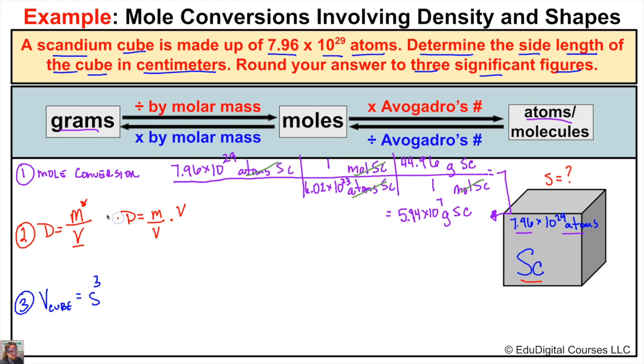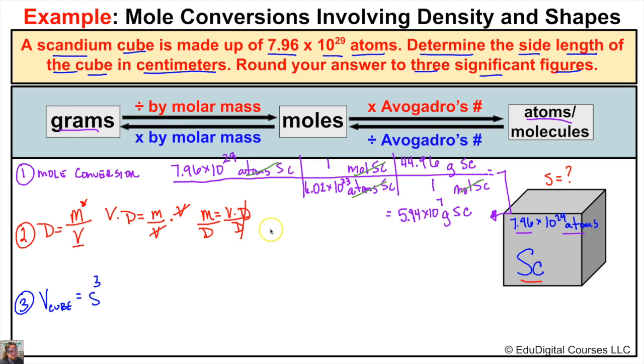So we'll first multiply by V on both sides to get rid of the fraction here. And so now we have mass equaling volume times density, but we want to figure out V. We want to get V all by itself on one side of that equal sign, so we're going to divide by density on both sides.